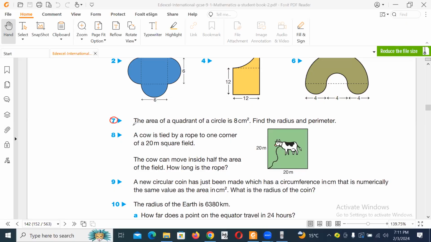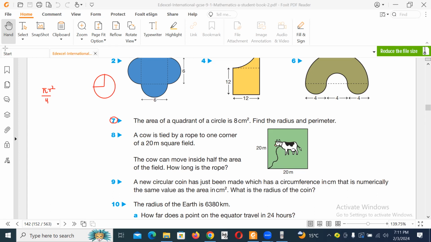Now we try question number 7, the area of a quadrant, and the area of a quadrant is always equal to pi r squared over 4. A quadrant means the fourth part of a circle. If you have a circular shape, from the center to the end, we are looking at the fourth part, that is a quadrant of a circle.